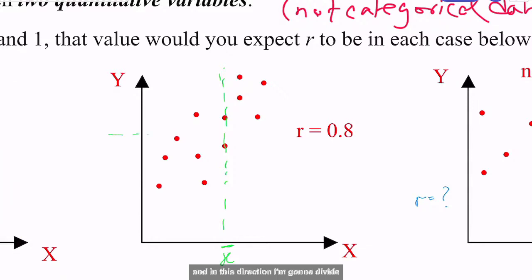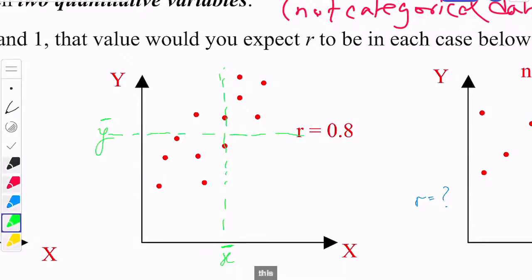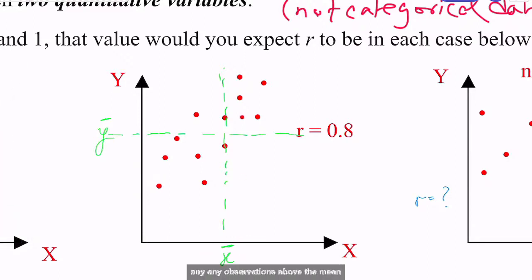And in this direction, I'm going to divide it in half. So where statistics is about means and relative measures, what I'm going to do is consider the data in relation to its mean. I'm going to look at this variable first, X, and I'm going to call any observations above the mean as high and below the mean as low.